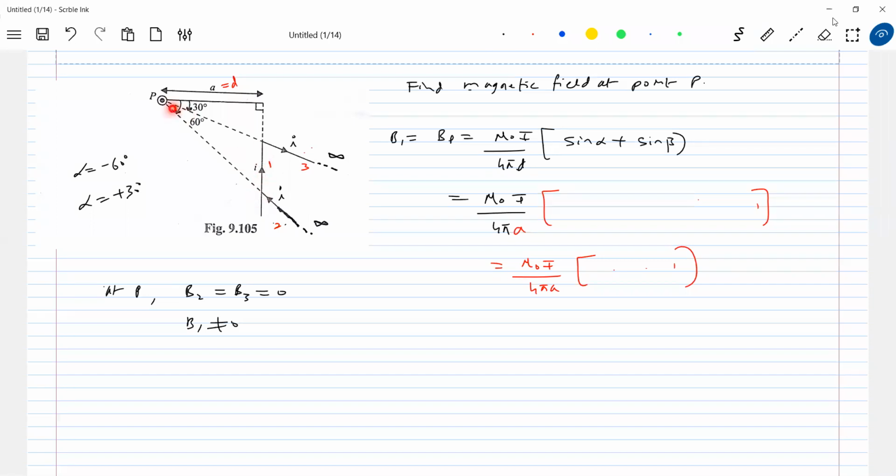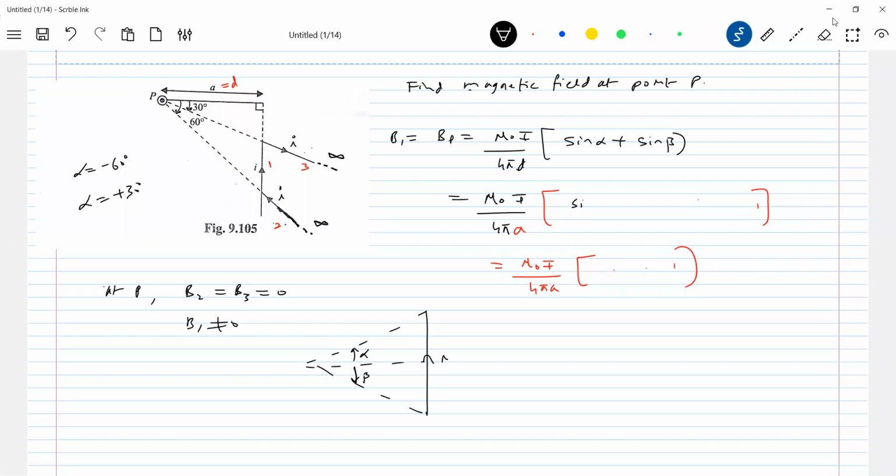So it is like here alpha will come. If you are getting confused, you can do it like this. If this is alpha and this is beta, no? So beta is plus 30. What about alpha? Alpha is measured opposite to beta. Therefore alpha will be negative now.